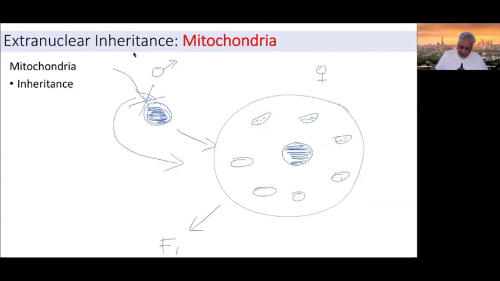So the consequence of this is very simple. We have mother to offspring inheritance, right? And then the F2 will all get their mitochondria from their mothers from the F1. So with humans, we can trace back mitochondrial DNA through our lineage to a particular female that lived about 200,000 years ago.